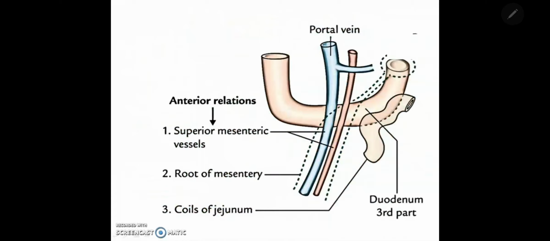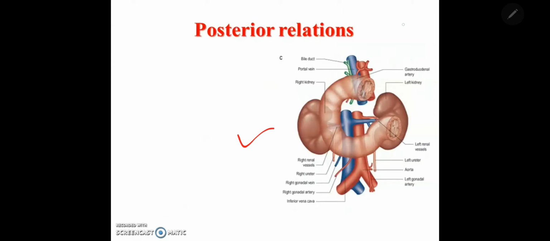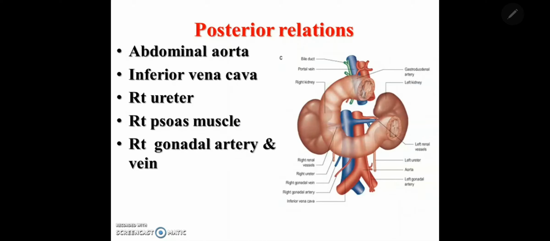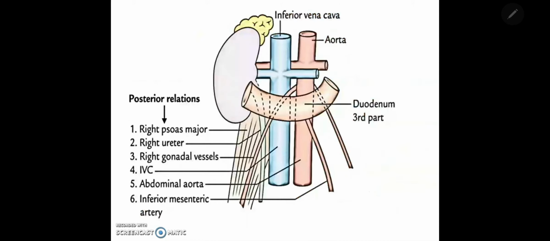Here you can see the anterior relations, what you can notice here. The superior mesenteric vessels, root of mesentery, and coils of jejunum and ileum. Posteriorly it is related to the big vessels, already we have discussed, abdominal aorta and inferior vena cava, right ureter and right psoas major muscle coming from the posterior abdominal wall. Because duodenum is a retroperitoneal structure, it is related to the posterior abdominal wall structures, remember that.